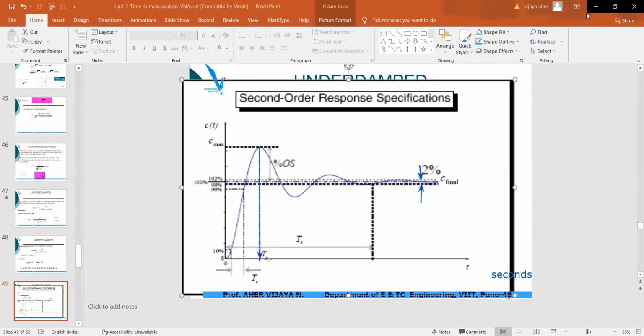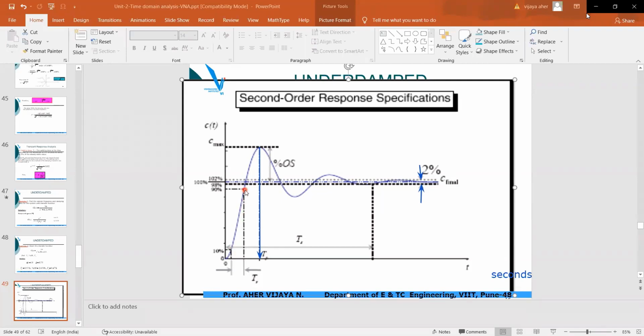Now rise time. What is rise time? Rise time is nothing but time required for your system to reach from 10% of maximum to 90% of maximum.